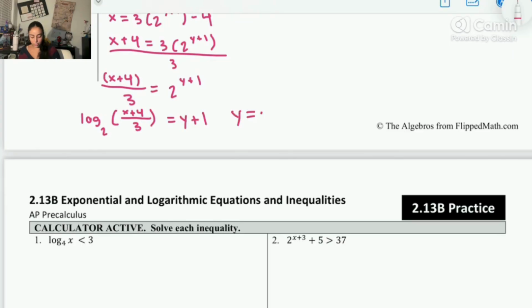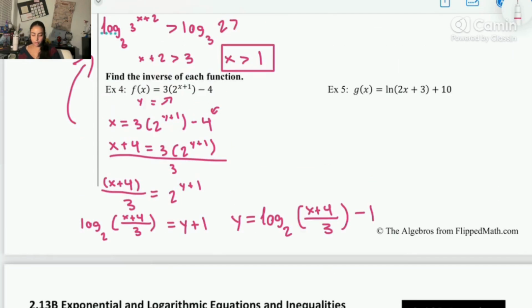So y equals log base 2 of x plus 4 over 3, all minus 1. And you can also write that as the inverse, f inverse of x equals all of this.